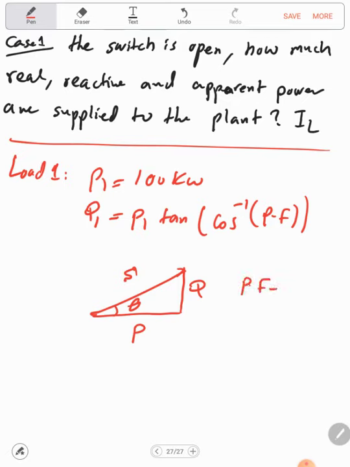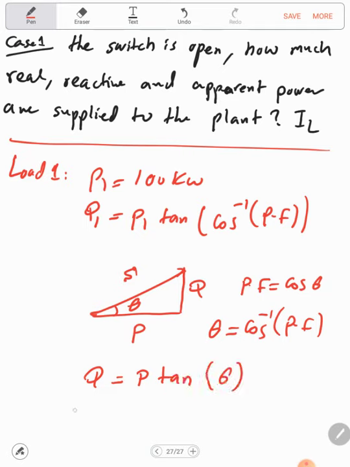The power factor is cosine theta, so theta is cosine inverse of the power factor, and Q will equal P1 tan theta, because tan theta is Q over P. So Q1 will equal 48.4 kilowatt.